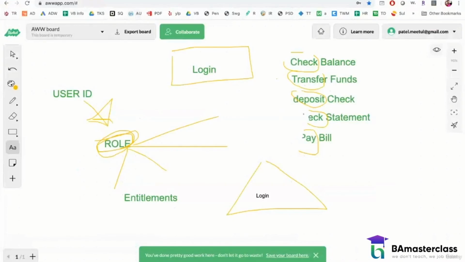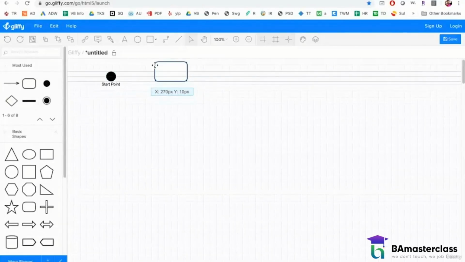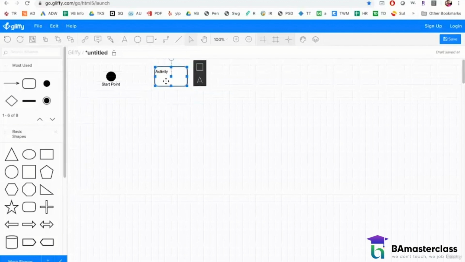So let's understand what the different elements are that are used to create this diagram. It consists of a dot like this, and this dot represents the start point. You use a rectangle with rounded corners, and this box is used to denote an activity. It consists of a diamond shaped box, which is known as a decision box.